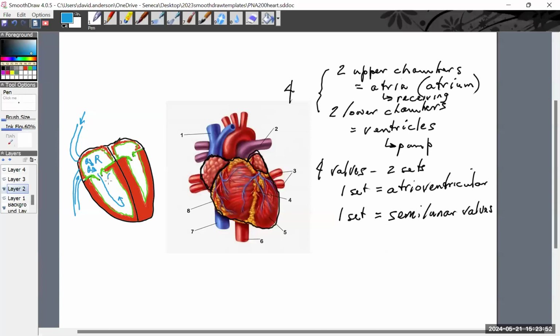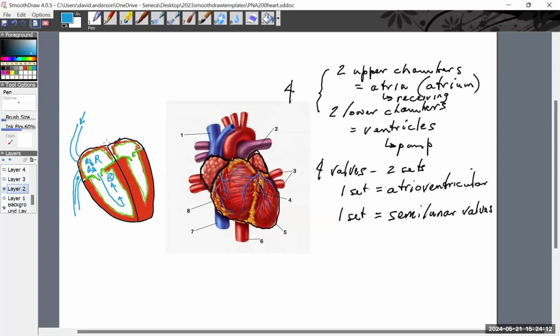Now, the semilunar valve is up in this upper central portion of the ventricle. So the blood ultimately is going to be delivered out of this valve, in through this valve and out through that valve.